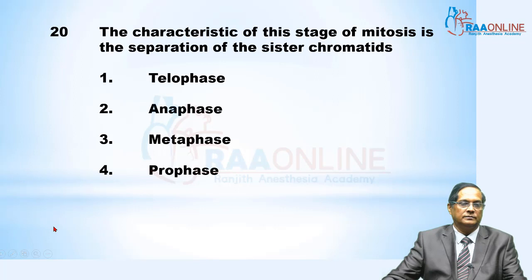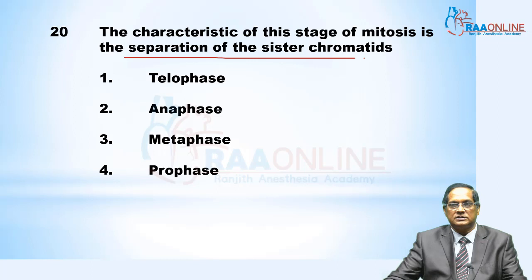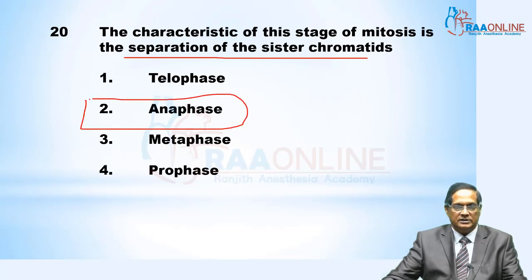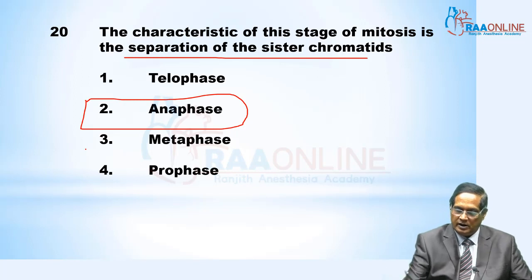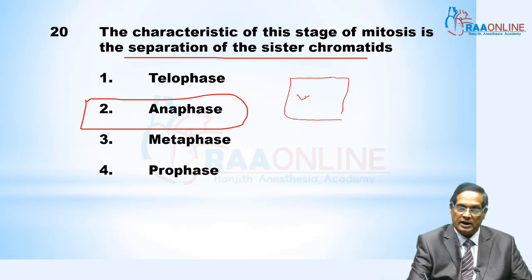20th question. The characteristic of the stage of mitosis where there is a separation of sister chromatids. Answer is anaphase. See this one. In metaphase stage, chromosomes are at the equator with two chromatids.